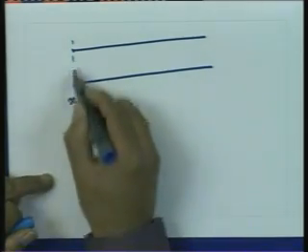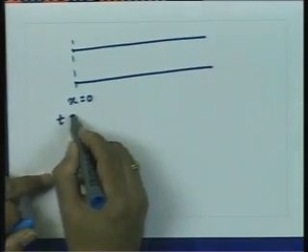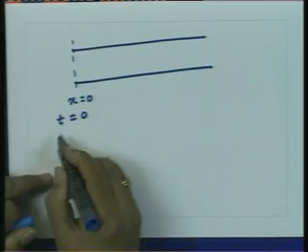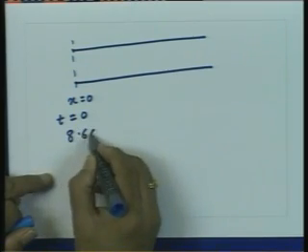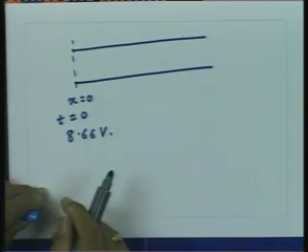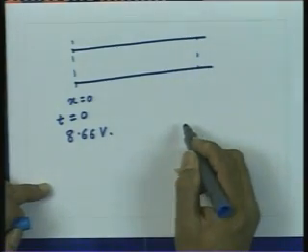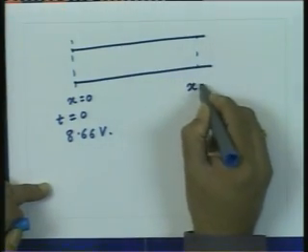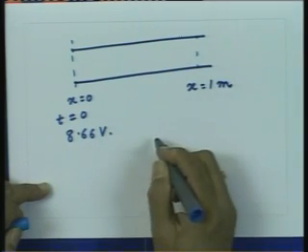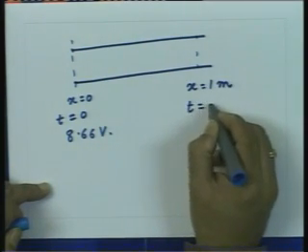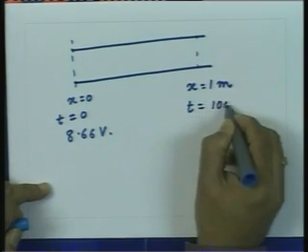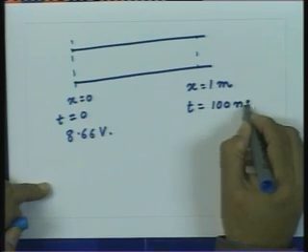Let us say the voltage measured at x equal to 0, t equal to 0 is 8.66 volts, and let us say I want to find out the voltage at some other distance x equal to 1 meter and t equal to 100 nanoseconds.